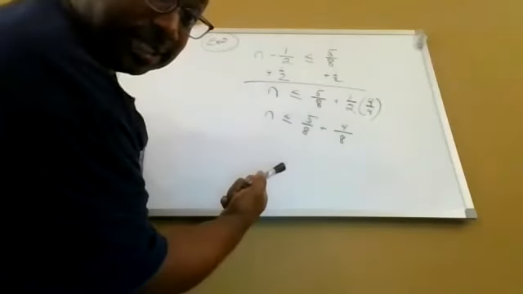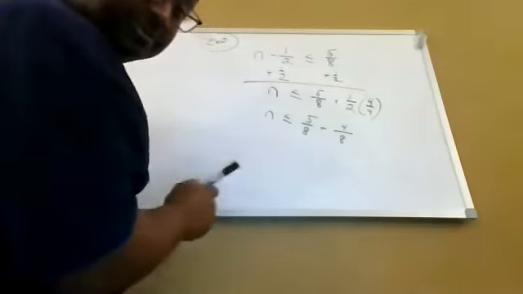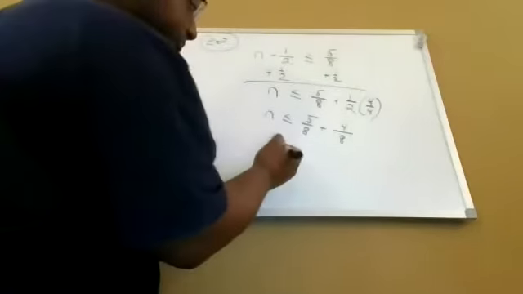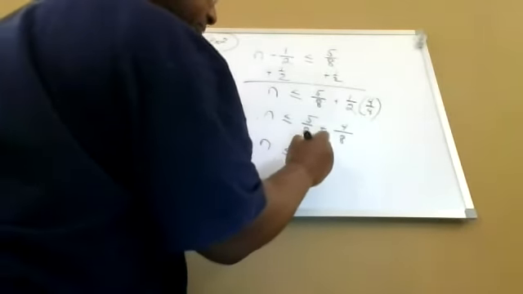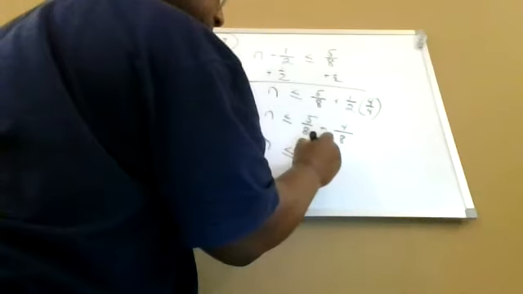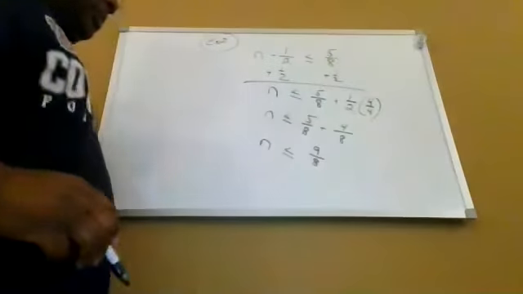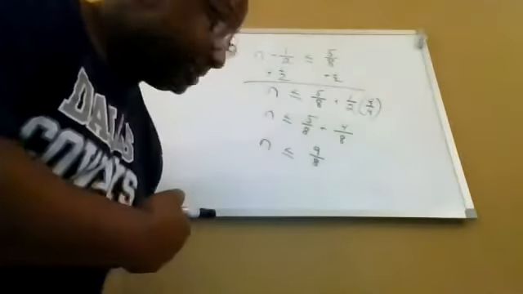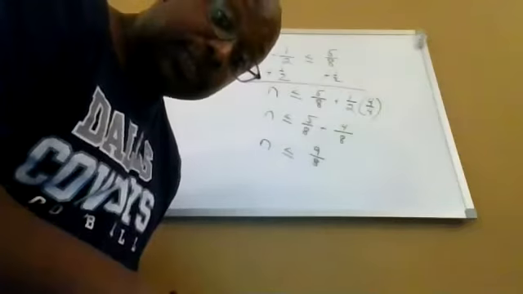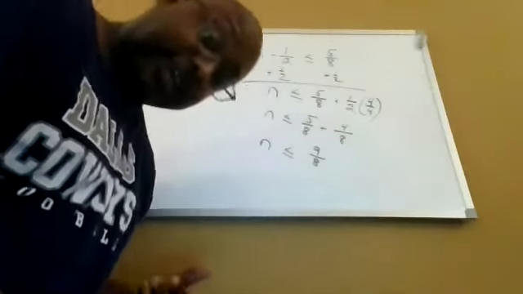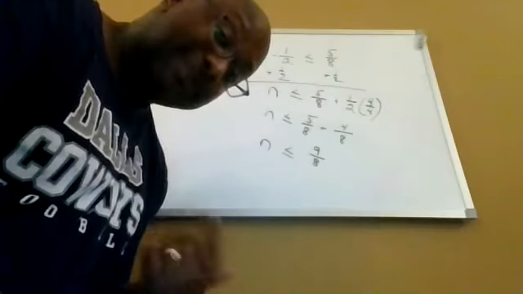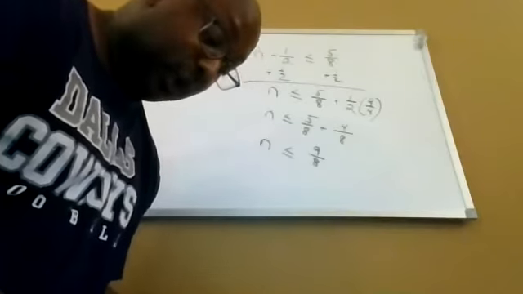Now, two fractions, same denominator, I can add my fractions. So I end up with n is less than or equal to 9/8. Now, if I convert that 9/8 to a mixed number, I'm going to get 1 1/8.